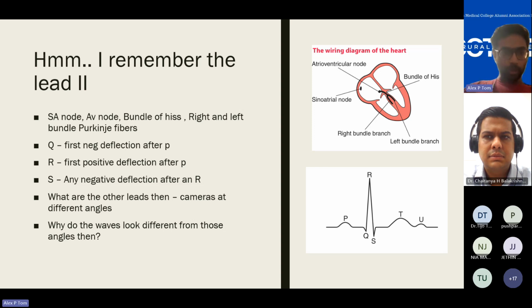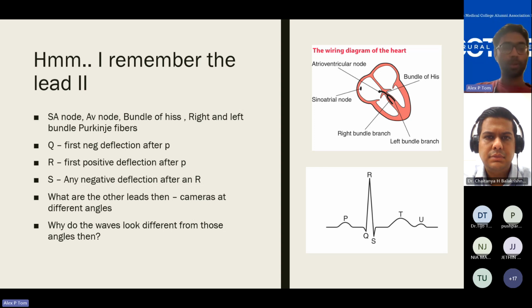And you know what a P wave is? The P wave is the electrical event that is causing the atria to contract, so atrial depolarization is what's happening with the P wave. Then there's a Q wave, an R wave, and then S. The QRS complex is the ventricular depolarization altogether, and each wave has a definition.